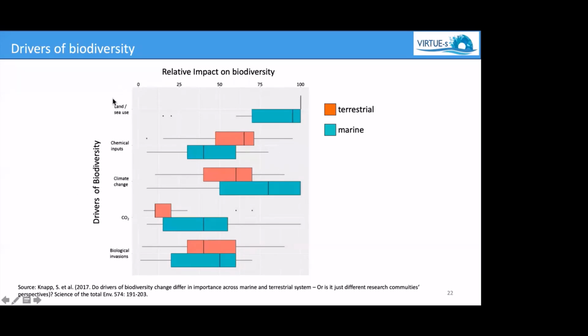So this is the most important anthropogenic disturbance, which impacts terrestrial and marine ecosystems. And then in the marine ecosystem, climate change comes in second, and chemical inputs are also important. So land use, chemical inputs, and climate change are the most important drivers of biodiversity in terrestrial and marine ecosystems.